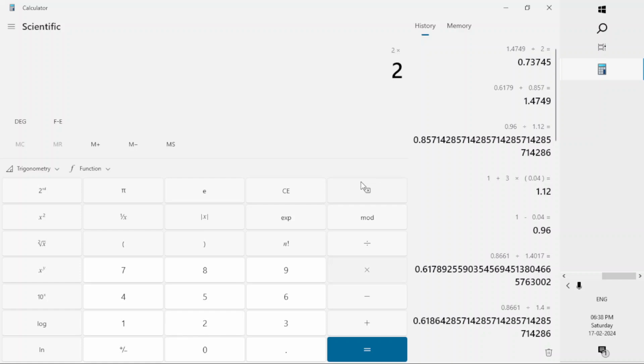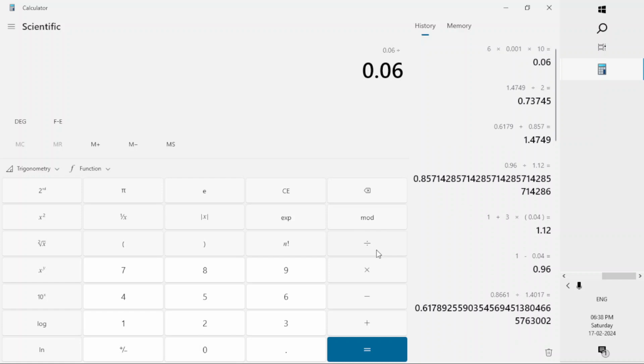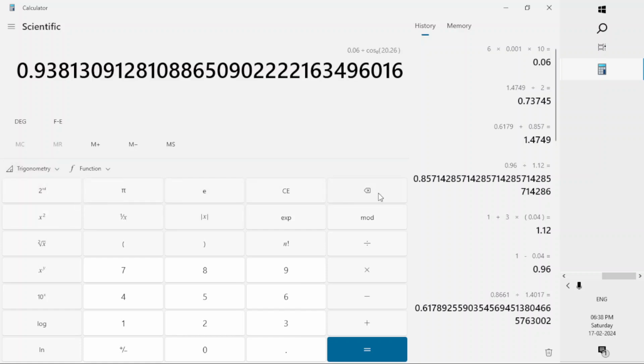That is 2 into 3 into 10 power minus 3. 2 into 3 is 6, 6 into 10 power minus 3 into 10, so that is 0.06, divided by the cos of 20.26, which is 0.938.